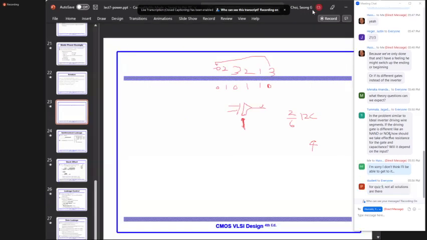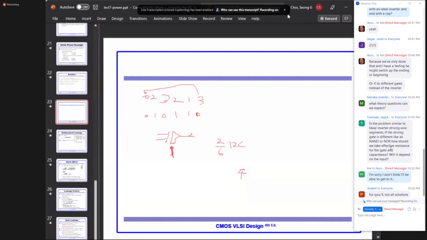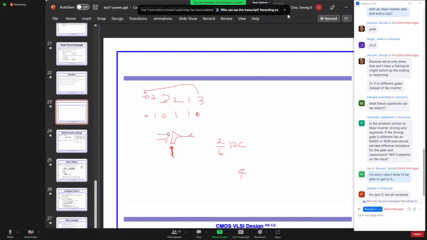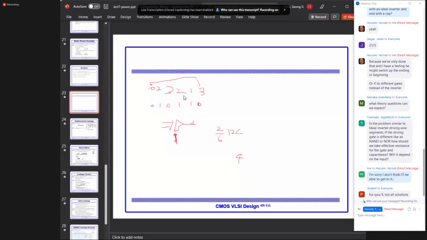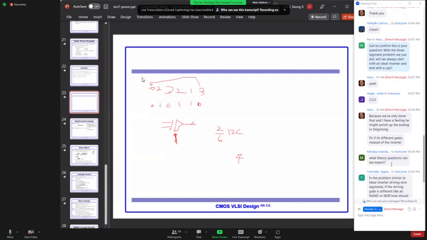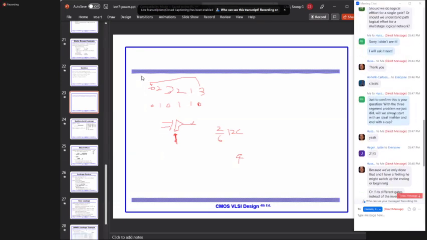Sir, would you be able to go over the previous example with the XOR gate or the sequencing and answer? Will there be an ideal inverter at the end with a cap? Will we always start with an ideal inverter and cap?